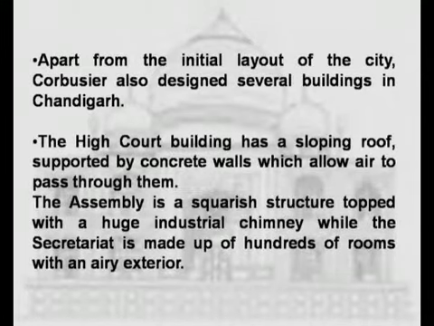The body housed the university and residential complexes in the heart of the city, and the feet consisted of industrial sectors and the railway station. Apart from the initial layout of the city, Corbusier also designed several buildings in Chandigarh, the High Court building and the Assembly.